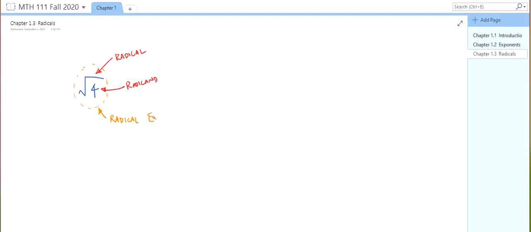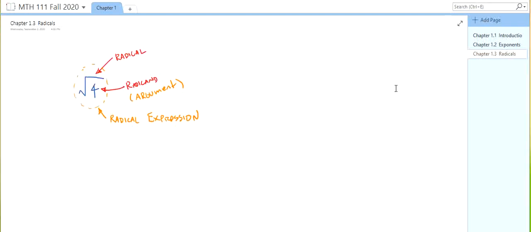Radical expression, or an expression. Again, sometimes the argument, the thing on the inside. Okay.